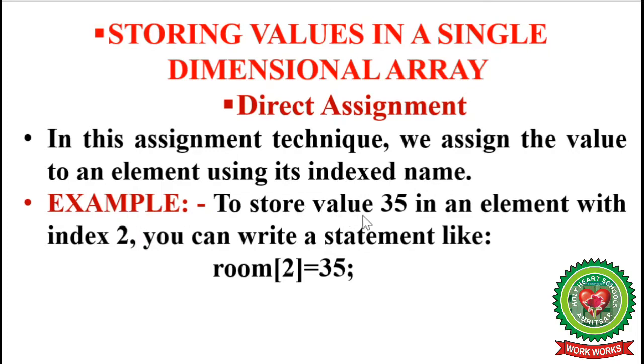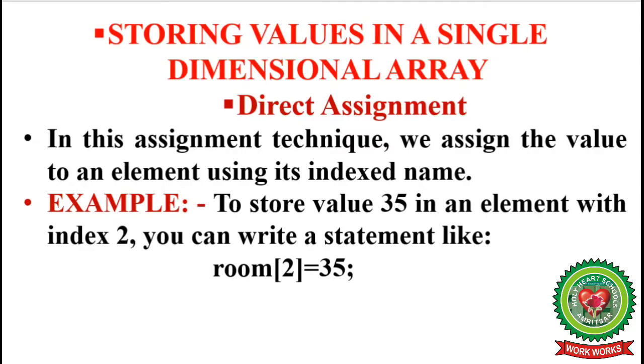Example, to store value 35 in an element with index 2, you can write a statement like room, let it be an array name, then index 2 in square bracket is equals to 35. It means that this 35 value is stored at second index.